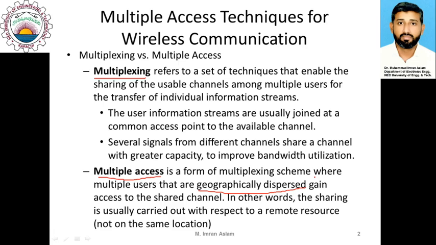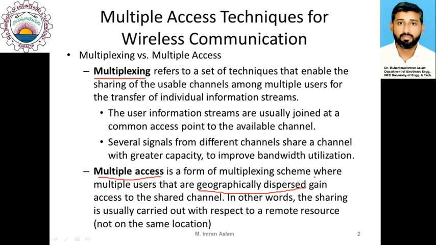So primarily these two techniques, multiplexing and multiple access, serve the same purpose, but multiplexing is used where we have localized users, and multiple access is used when we have remote users.